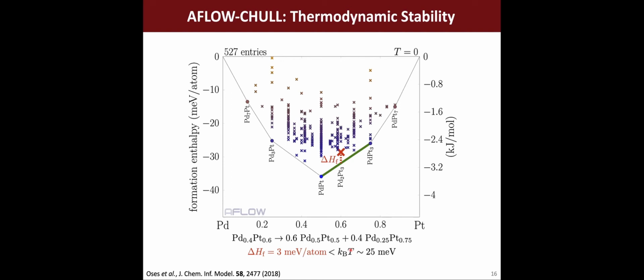And this is an important metric, because you have to remember that our picture here was constructed at 0 temperature, because that's the nature of our calculations. So if we introduce temperature or pressure into this system, this picture is going to change, and the points that are the most stable may be different. So for the question of how this picture looks at room temperature, you can imagine error bars of the order of 25 meV per atom.